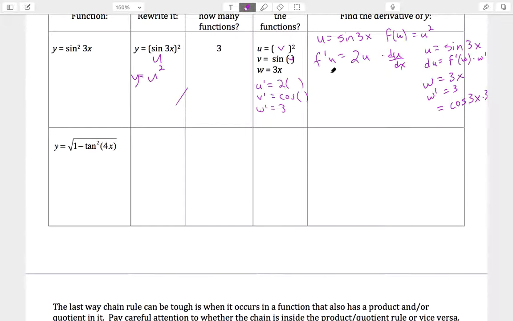So what we have is f prime of u, and I probably shouldn't have used f over there, is 2u times the derivative of u, but the derivative of u, we worked it all out here, ends up being cosine 3x times 3. And if I rewrite that in there, then I end up with 2 sine 3x times cosine 3x times 3.